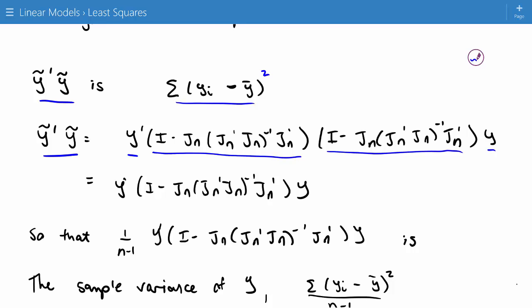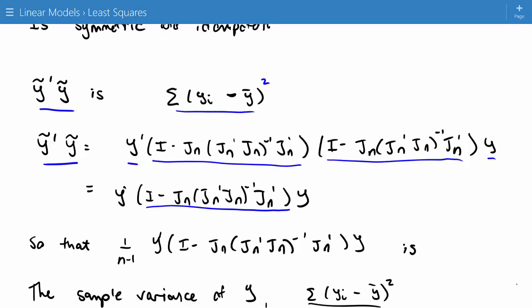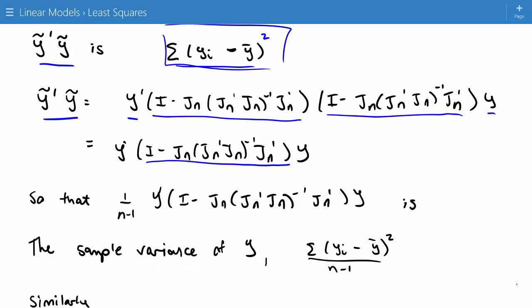Since this matrix is idempotent, I can write that as just one version of it to see that this sum right here, the sum of the squared deviations of the observations around their mean, is a fairly simple looking bilinear product or quadratic form with this as the interior matrix.